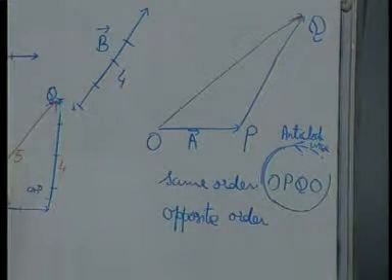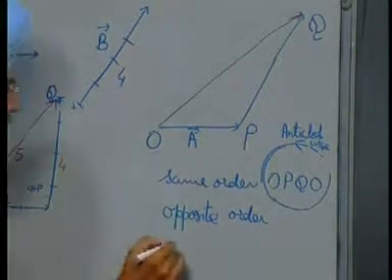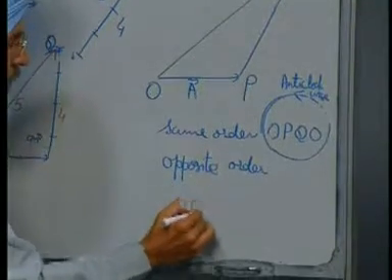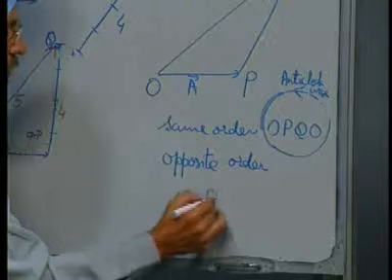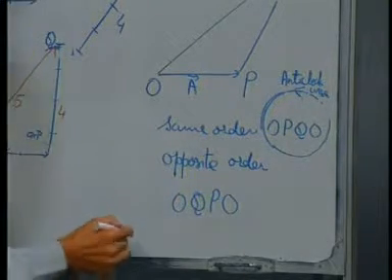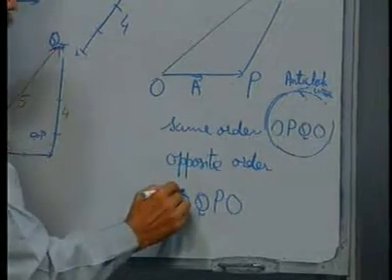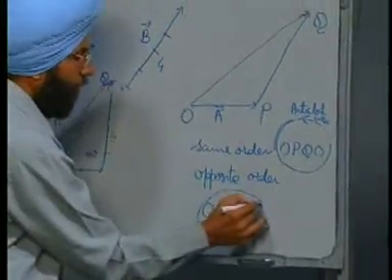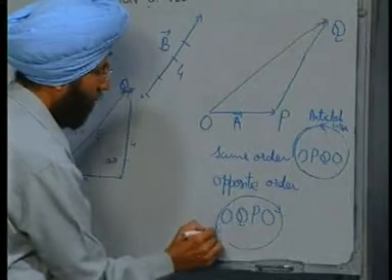When we move in the opposite order, that is O, Q, P, this is clockwise order.